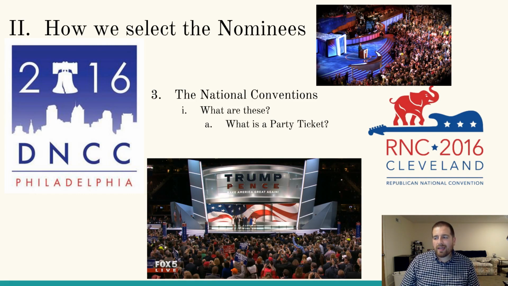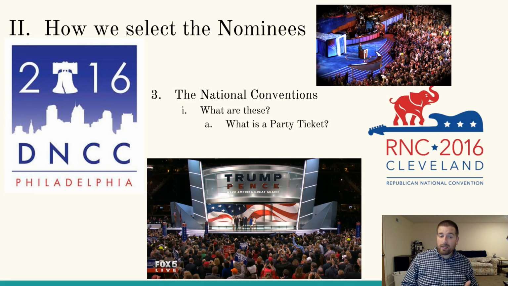They also lay out their party goals and ambition for the next 4 years. These are only used in the case of the president and vice president. The national conventions generally don't have anything to do with senators and House representatives who won their primaries or caucuses. They don't get a convention. This is really only for the president and vice president to be officially named as their party's nominees.